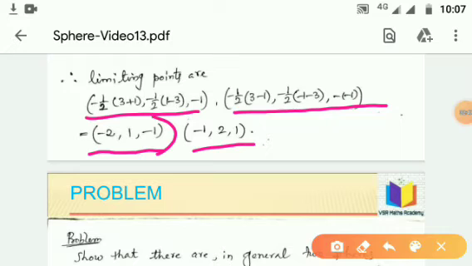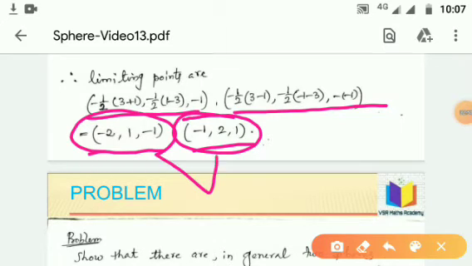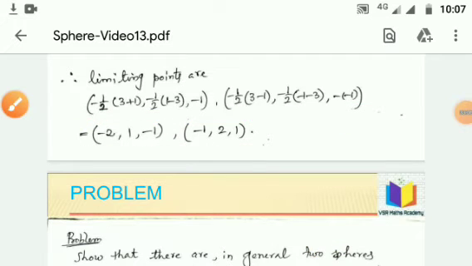These two are point spheres of the coaxial system. That means whenever the radius is equal to 0, these two are the centers of the spheres. Therefore, these two are the centers of the point spheres of the coaxial system, and hence these two are the limiting points of the coaxial system.